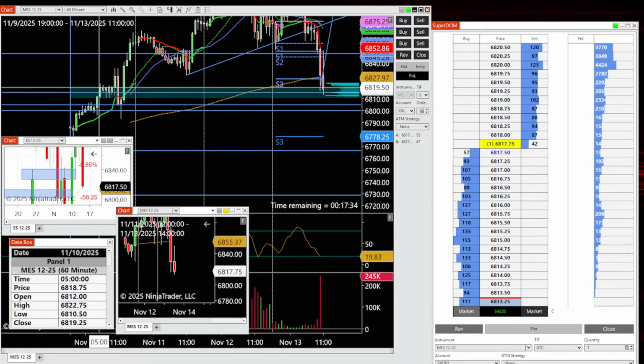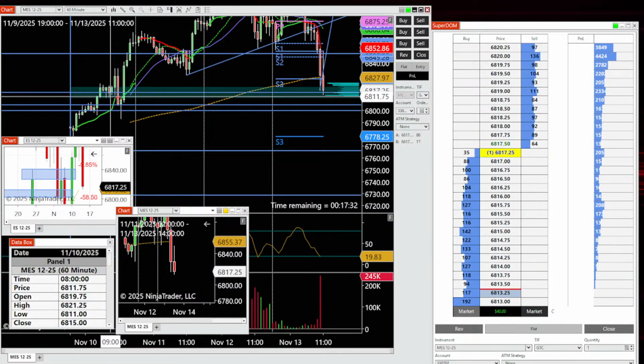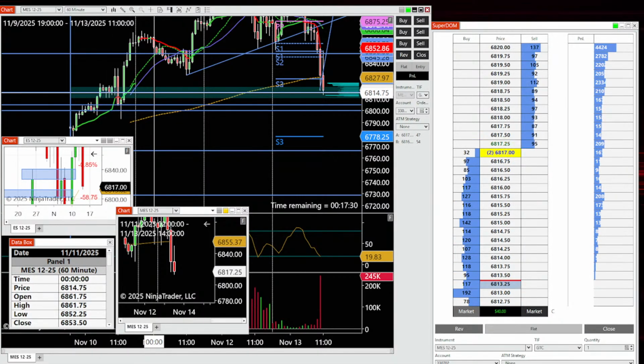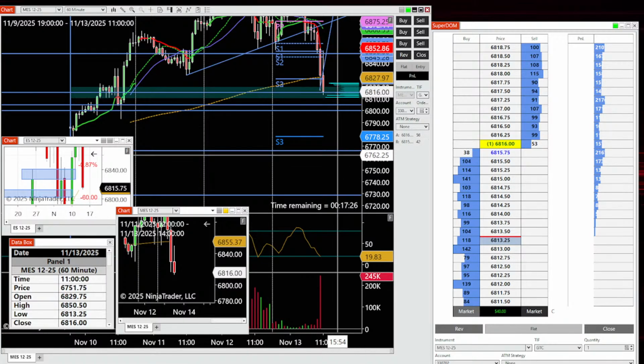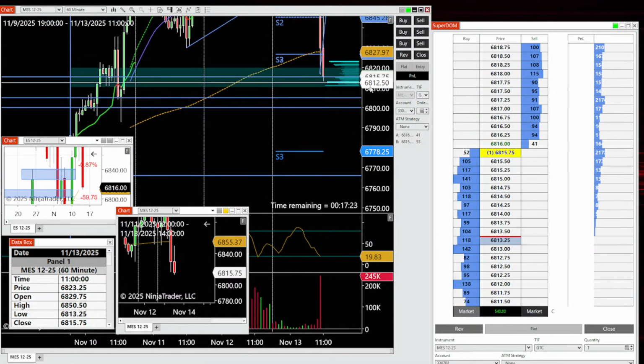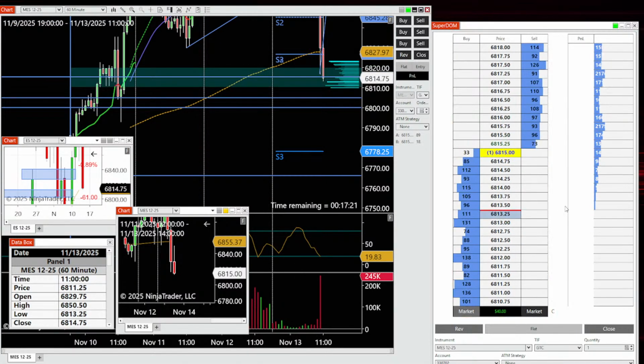We got green, red, green bars in this area here on this 15. So we have some support resistance here. May crack and break, and get down to 10.